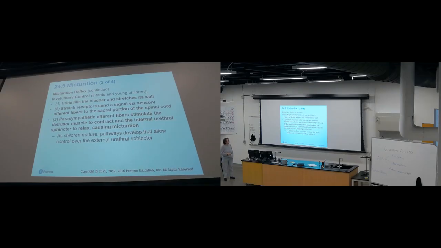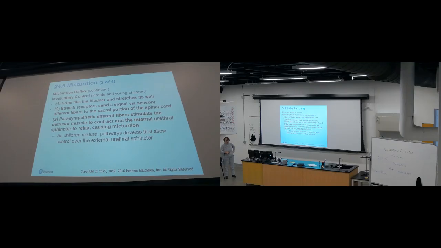So then once your urinary bladder is full, you will send an afferent signal to the cerebral cortex, and the cerebral cortex will send an efferent signal to the spinal cord, and then through these sacral nerves you send an efferent signal to your urinary bladder so that the detrusor muscle can contract, and you can relax the internal urethral sphincter, and that will cause micturition.